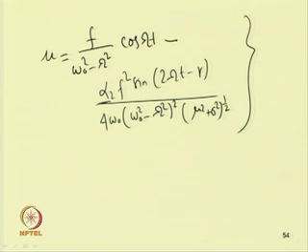So, here if one has a weak forcing term, let us take a condition when the forcing term tends to 0. So, if the forcing term tends to 0, this f square term tends to 0 very rapidly in comparison to the first part.